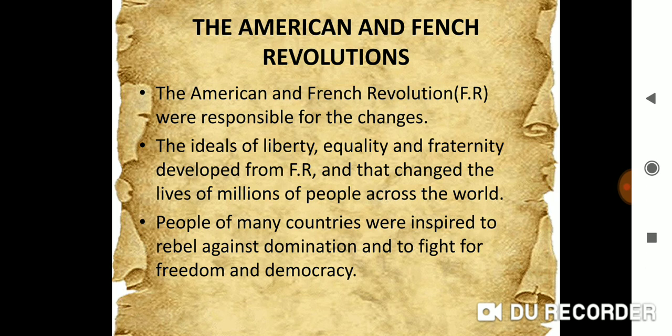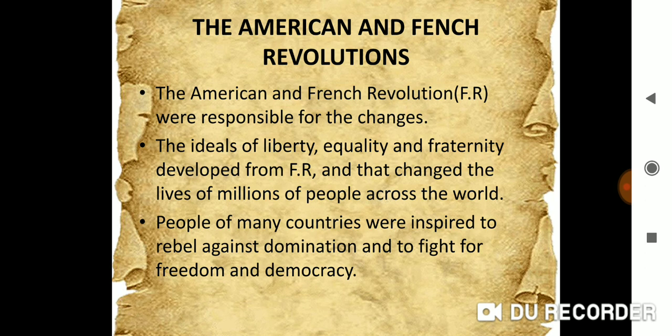So after the French Revolution, people started to think about liberty, equality and fraternity. People of many countries were inspired to rebel against domination and to fight for freedom and democracy. So many countries at that time were under the control of other countries, like India was under the control of the British.